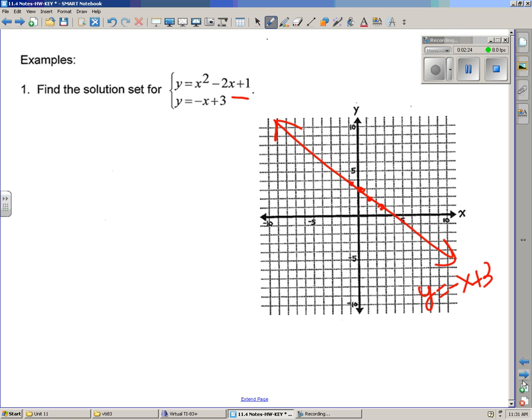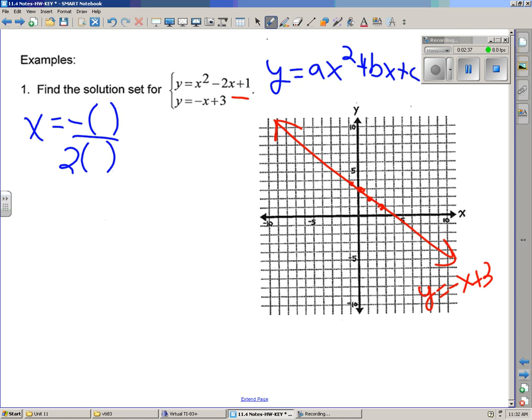For the parabola, don't forget it's y equals ax squared plus bx plus c. My axis of symmetry, because I need to show this work algebraically, is negative b over twice a. Well, my b is what's attached to my x, and that's going to be -2. My a is what's attached to my x squared, and that's going to be 1.